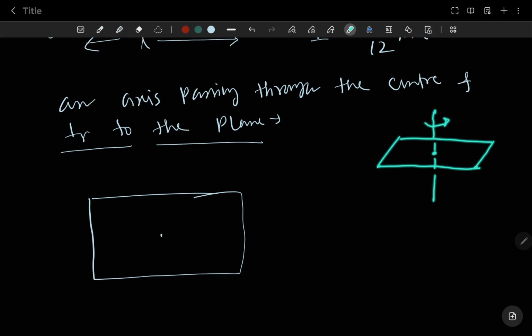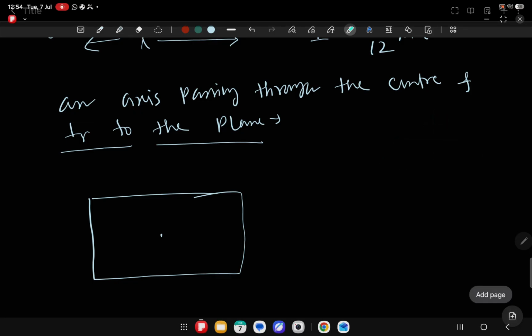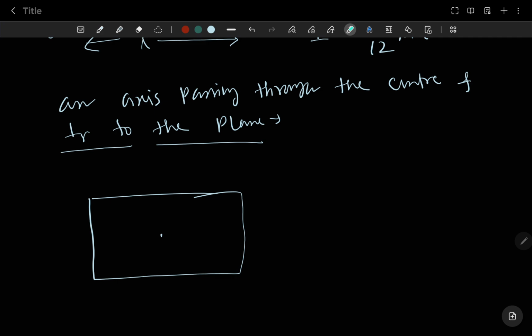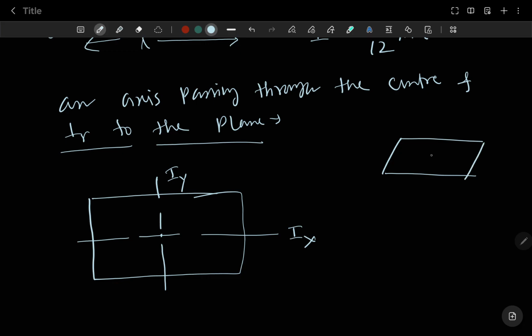So already you have done these two things. This one call it Ix and this one call it Iy. Now this axis will obviously be the Iz, isn't it?